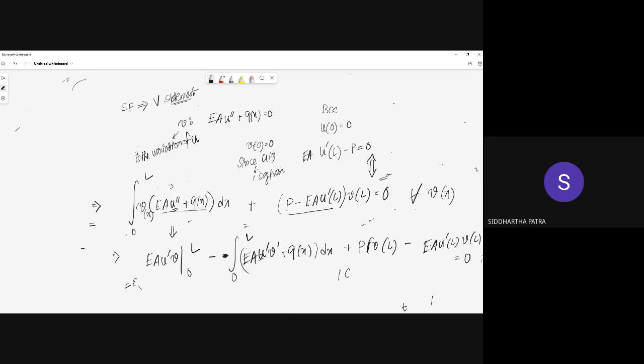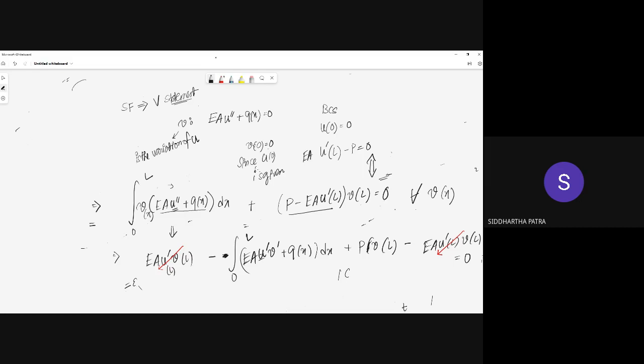Now, of course, v at x equals 0 is 0. So the only term that survives here is the one at x equal L, which is basically the same term as this one.